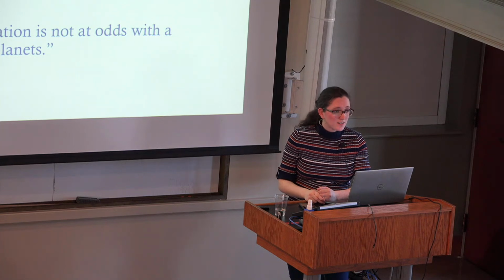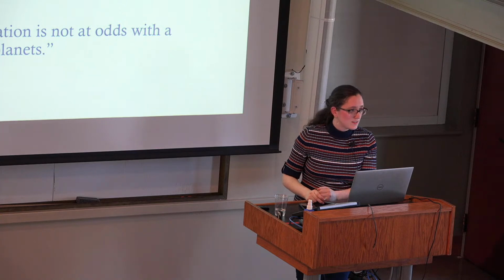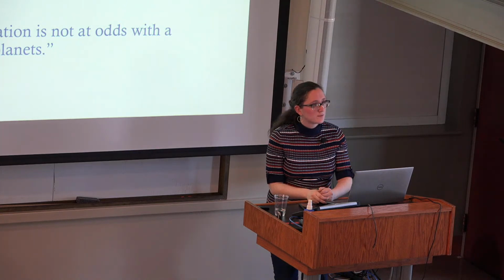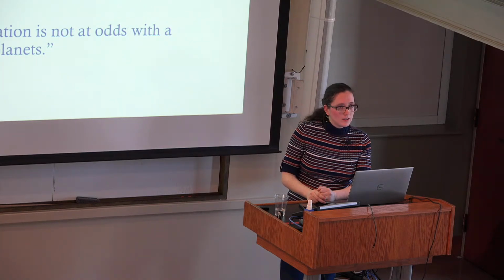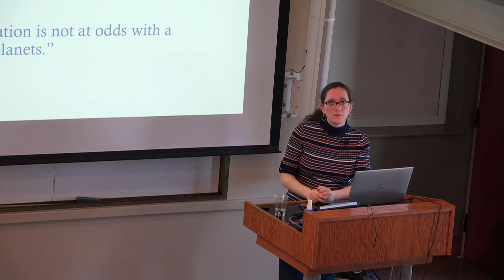Sure. Would those systems have different semimajor axis and eccentricity distributions in your view, because they haven't undergone the slow, weak tidal phase that circularizes them eventually? Yeah, I'm not sure.